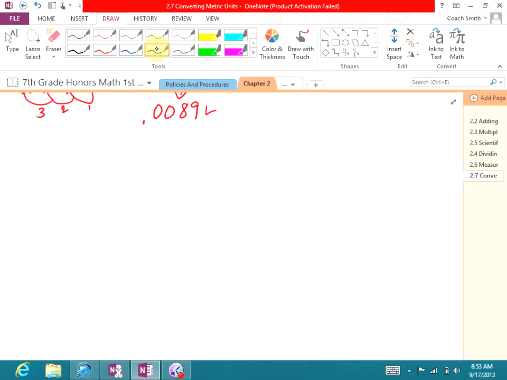Let's look at this one. 3 centimeters plus 11 millimeters. Okay. We can't put those two together because they're not in the same unit of measurement. I can't say I have 14 millimeters or I have 14 centimeters because I don't. Okay. So I've got to convert them.